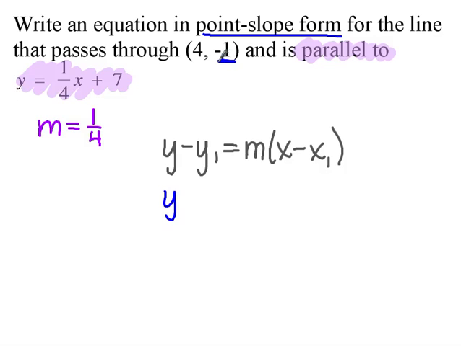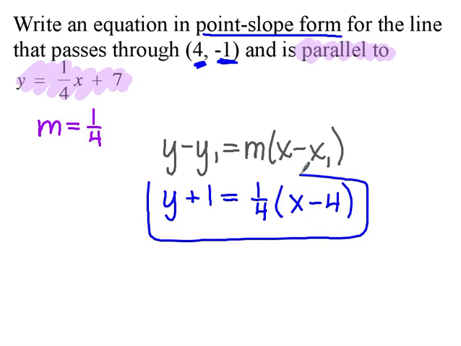Here's the y coordinate, -1. So what do I write in my formula? I write y + 1 = , what's my slope going to be? 1/4. Then I do my parentheses. What do I put in this case? x - 4. That's right, because remember I'm using the opposite of my x coordinate here, which is 4.